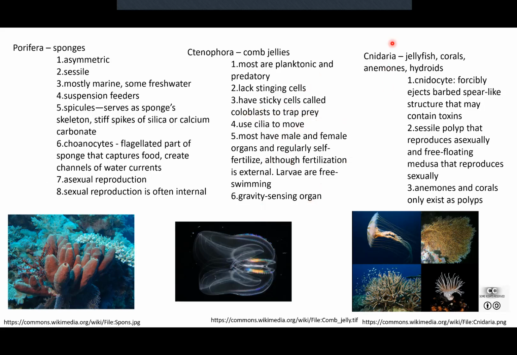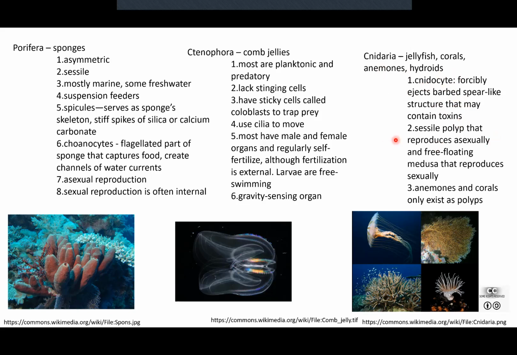In the cnidarians, we have jellyfish, corals, anemones, and hydroids. Here's where we get the stinging cells called cnidocytes, which is when the organism ejects a barb that can contain toxins to stun and kill the prey so it can be eaten.